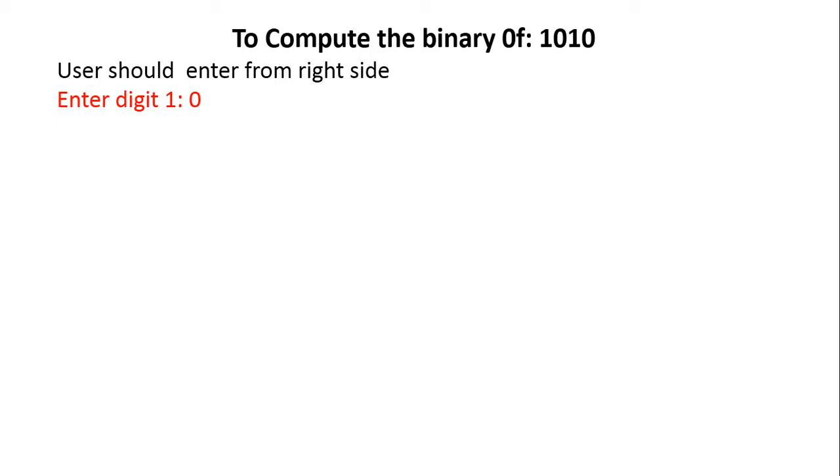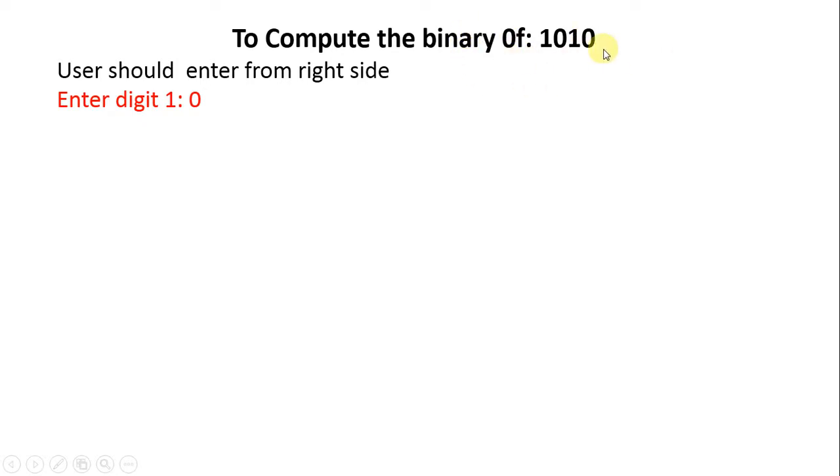The user enters the first digit, 0. As I have already told you, we should enter the number from the right side. So in 1010, you must insert the number from the right-hand side. This is the least significant digit. You must not go from left to right, but from right to left.